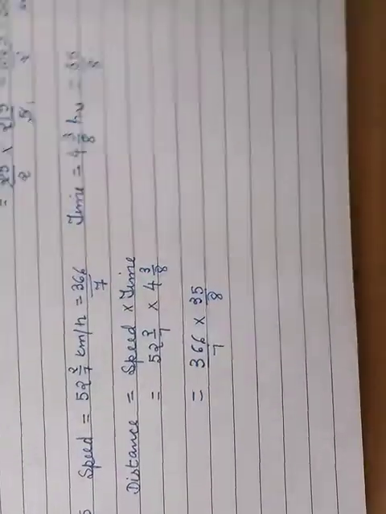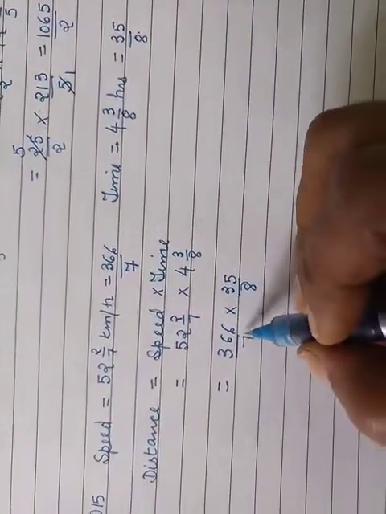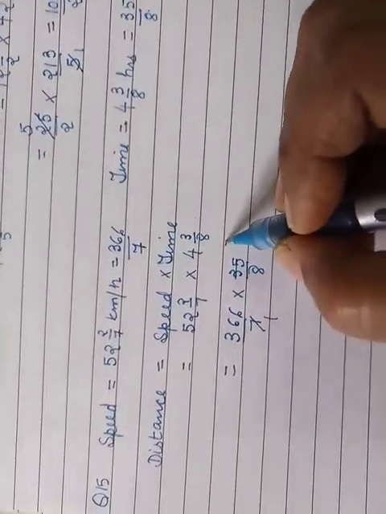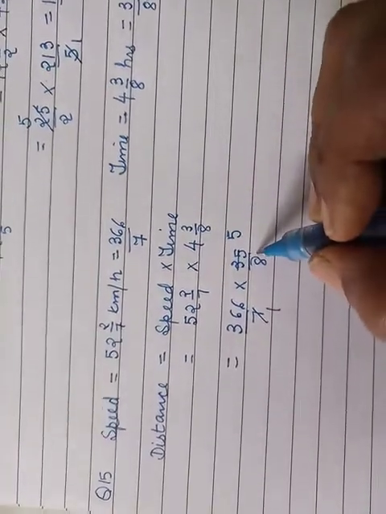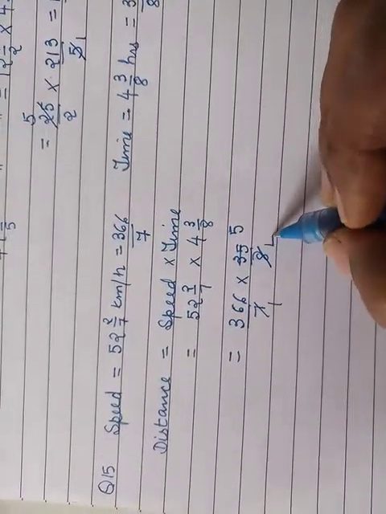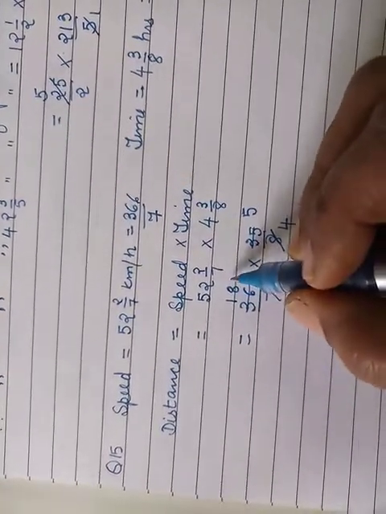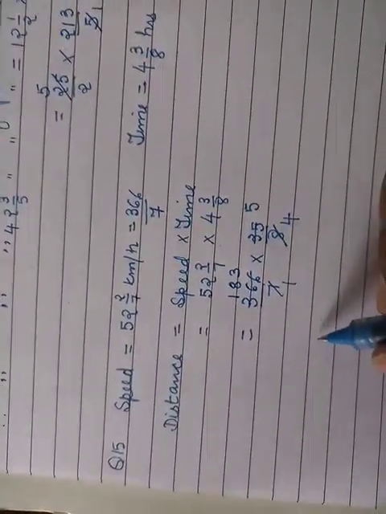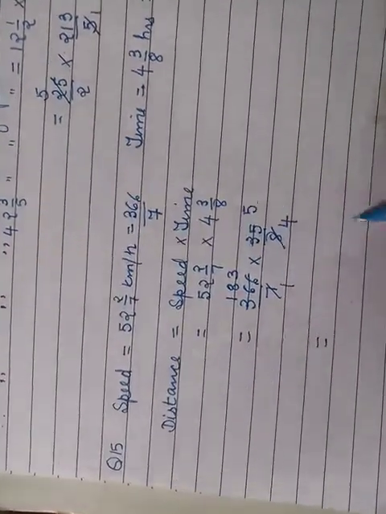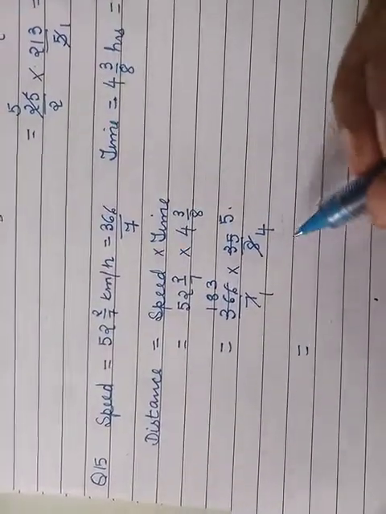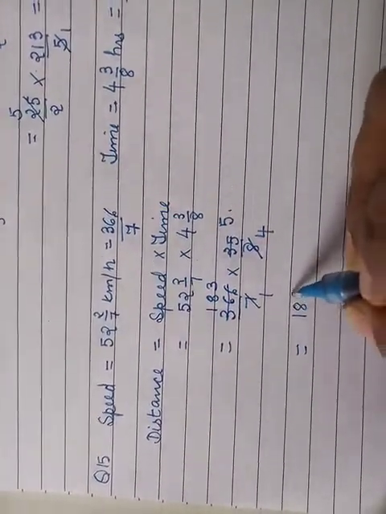Whatever can be cancelled, we will cancel it out. 7 1s are 7, 7 5s are 35, 2 4s are 8, 2 1s are 2, 2 8s are 16, and 2 3s are 6. Now 183 and 4 cannot be cancelled out, even 5 and 4. So we multiply and write it as it is.